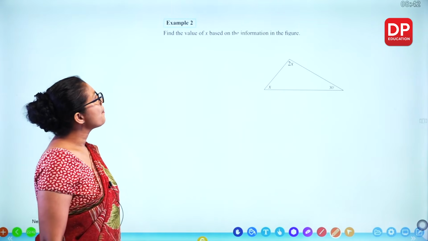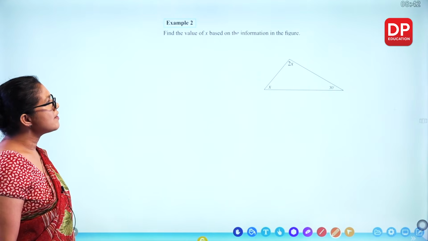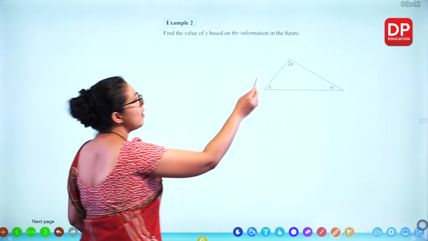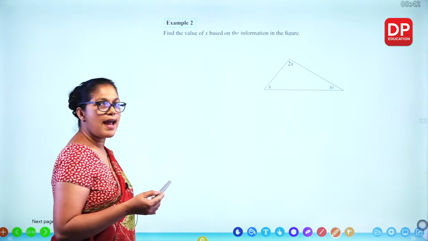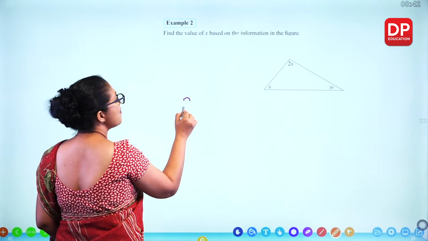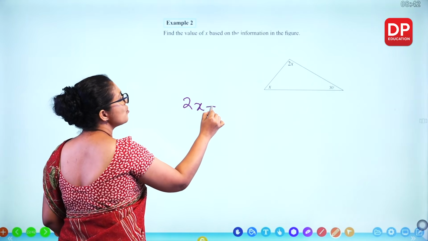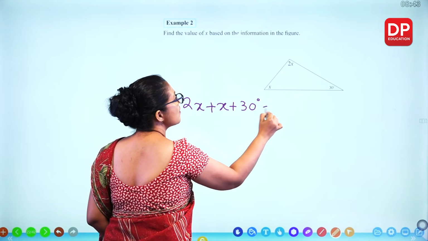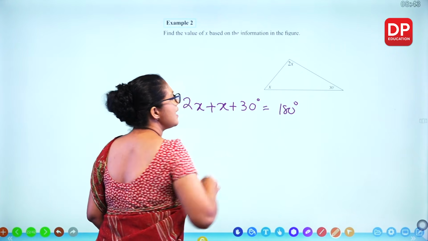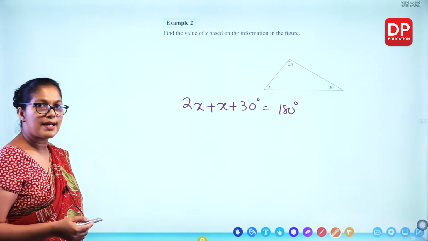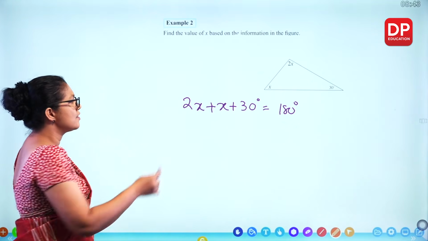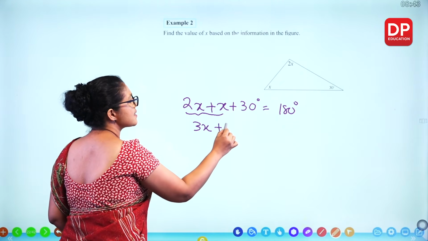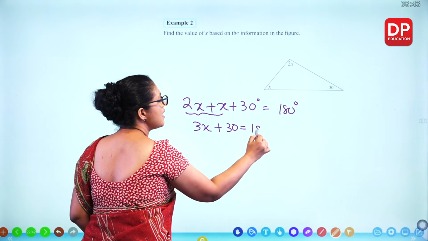Example number 2. It says find the value of x based on the information in the figure. So here all these three angles are interior angles. So according to theorem number 2, 2x plus x plus 30 is equal to 180. The sum of angles in a triangle is 180. So 2x and x becomes 3x plus 30 equals 180.